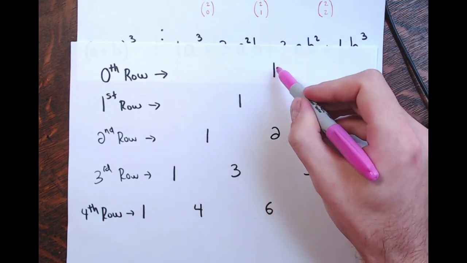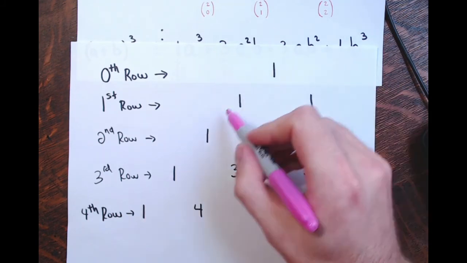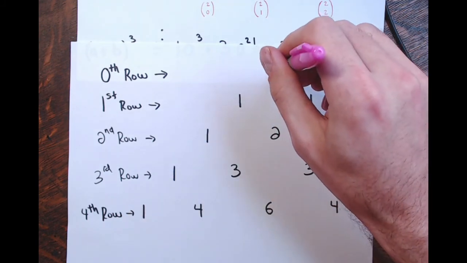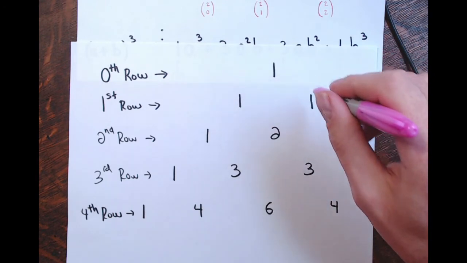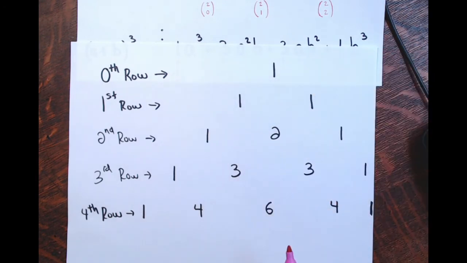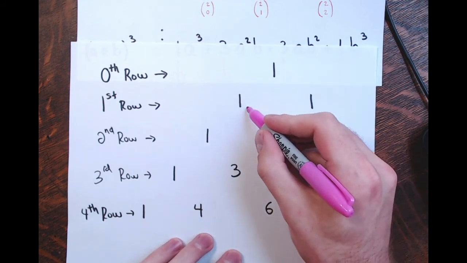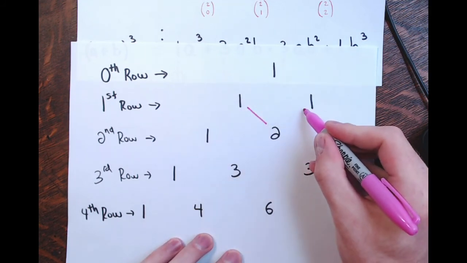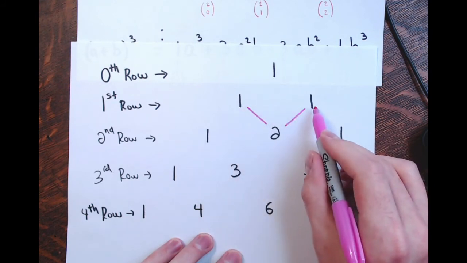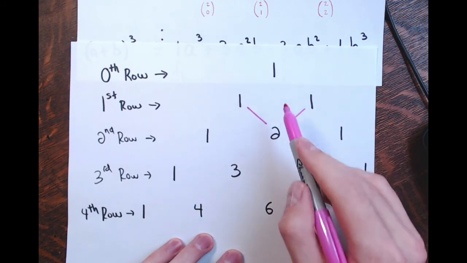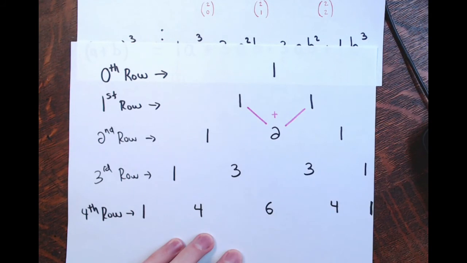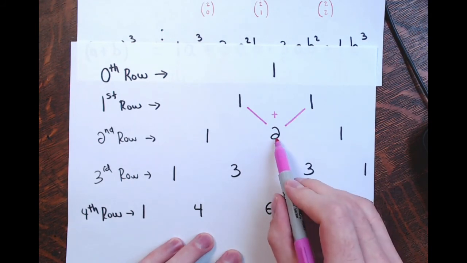Well, first of all, you got 1s down this side of the triangle and 1s down this side of the triangle. And then in between, if you go from one row to the next, you take any two consecutive numbers in a row and add them up. You're getting the number in the row below it.